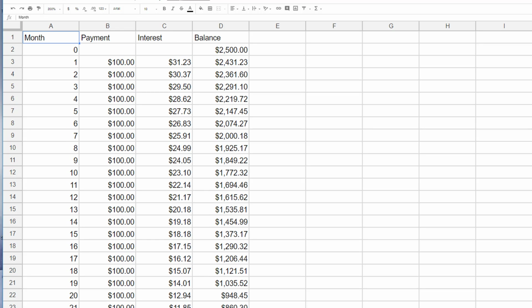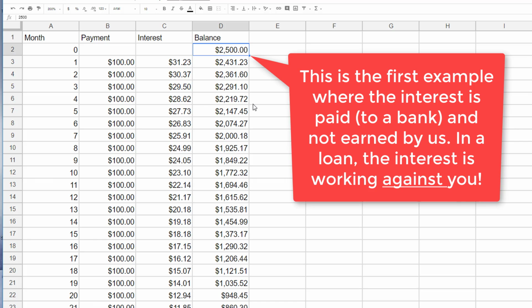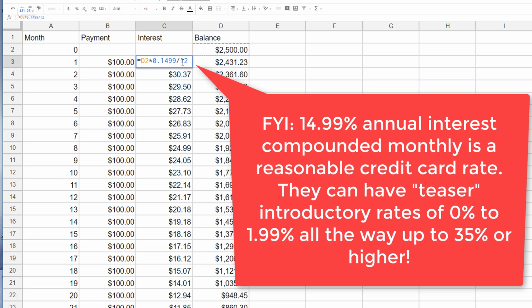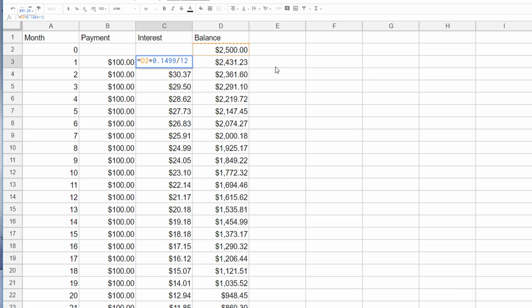Let's just take a credit card for example. And this is a type of loan. If you had a balance of $2,500 and you decided to make payments of $100, in this example, the interest is 14.99%, and we're compounding it monthly, which basically means each month they get a little piece of your annual interest.